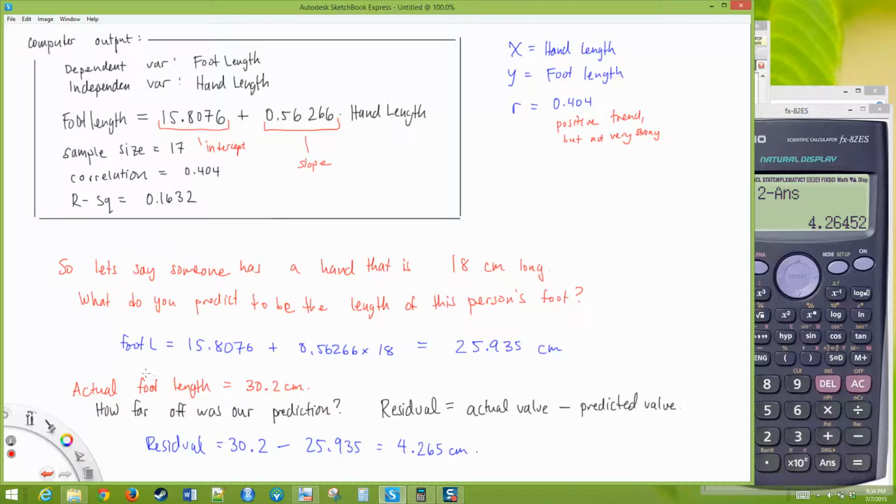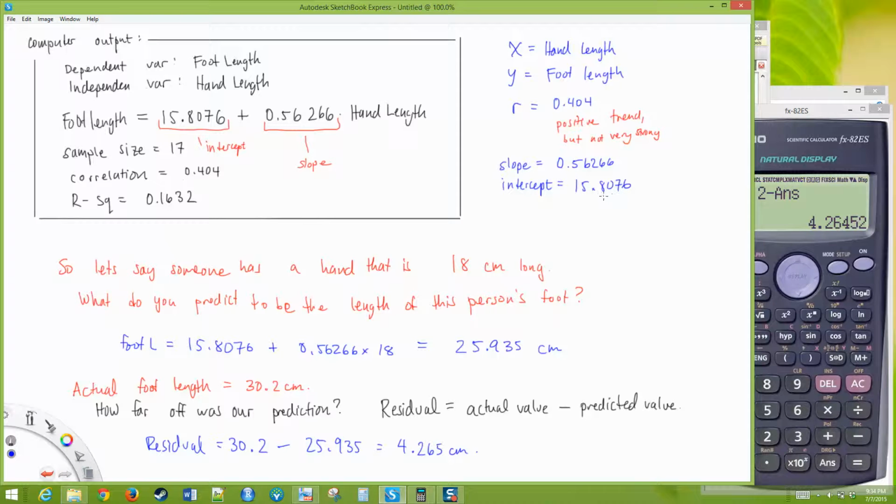So that's actually worth noting here. If I were to ask you what is the slope, you would tell me the slope is equal to 0.56266, and the intercept is equal to 15.8076. Okay?